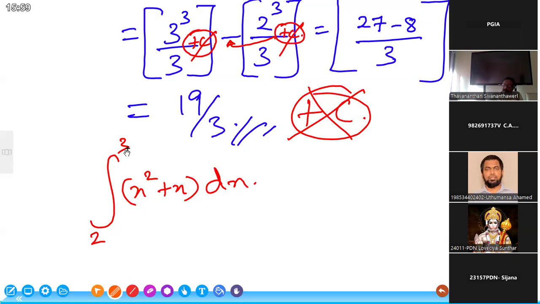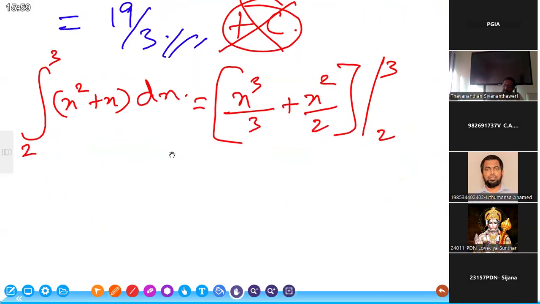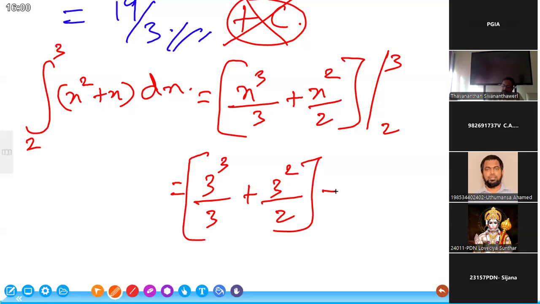Anyone? You integrate that: x to the power 3 by 3 plus x square by 2. All right. You substitute the values 2 and 3. That is equal to 3 to the power 3 by 3 plus 3 to the power 2 by 2 minus 2 to the power 3 by 3 plus 2 to the power 2 by 2.